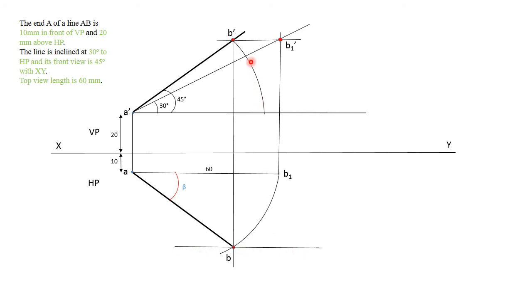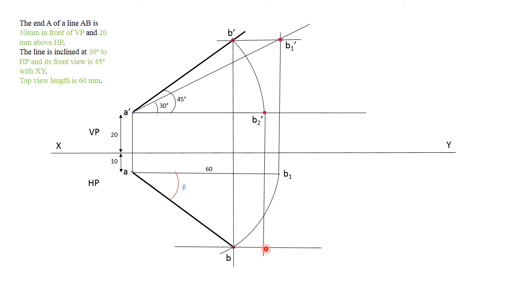So again using the rotating line method. From the front view you project the point B dash. So you draw an arc first to intersect the horizontal line at this point, which will be B2 dash, and then from B2 dash you can project it on the horizontal plane, which will meet this line at B2, right?